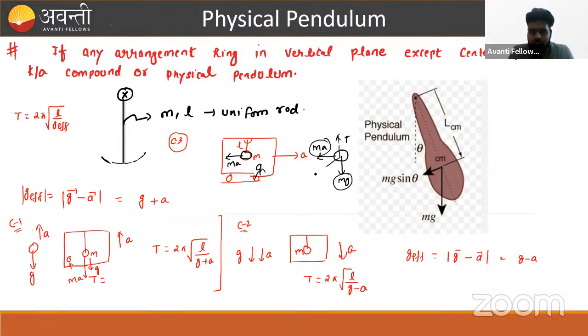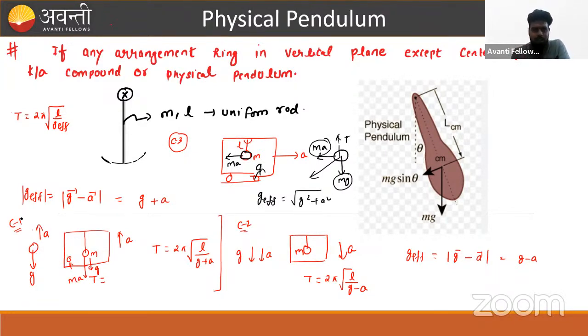So we can say the resultant of these two is nothing but root of a square plus g square. So in this case, what is the value of g effective, beta? We can say this is equal to root of g square plus a square. This is the first approach by which we can solve the problem.